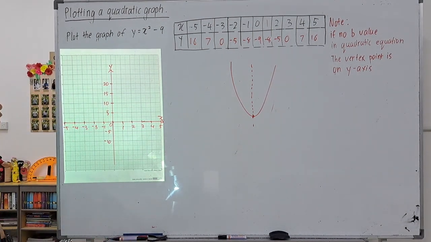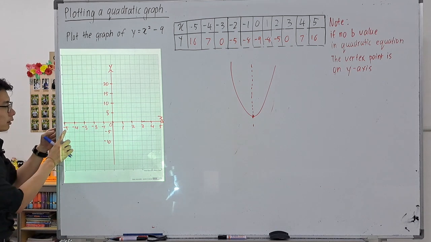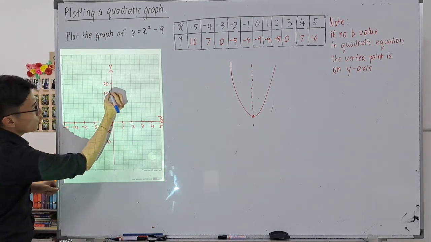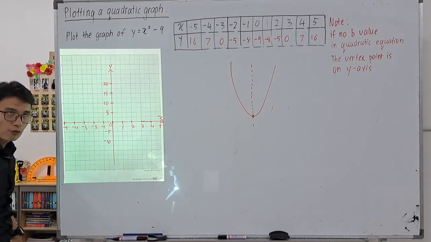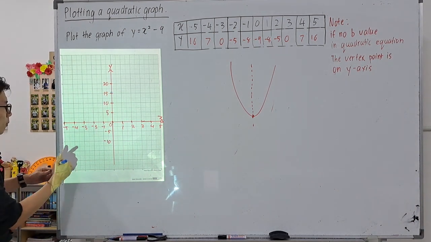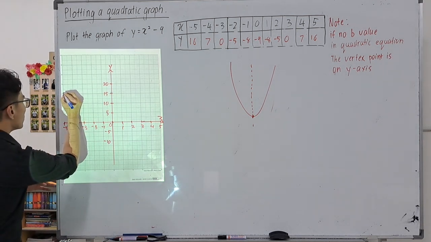So my first coordinate is -5, 16. So -5 for the x-axis, 16 for my y-axis. Now it should be one small box above 15. So if I want to mark it on this graph, it should be over here.